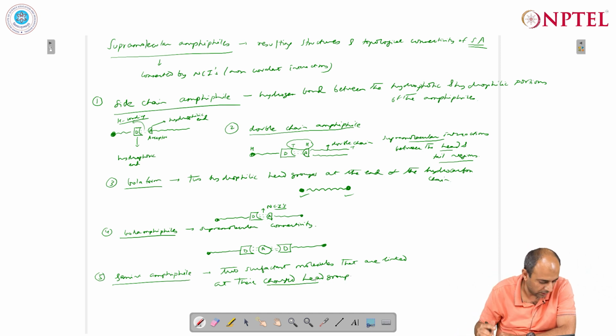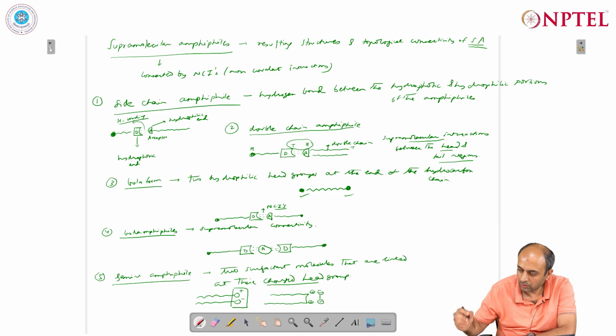So, the head is actually charged, and the surfactant molecules, they are linked at the charged head group. So, for example, let us take this particular amphiphile. This is positively charged, this is negatively charged. So, there exist electrostatic interactions between these two surfactant molecules at the charged head groups. They are referred to as Gemini amphiphiles. We can have another arrangement where we can have the positive charge and then there is a negative charge which kind of insulates the positive charges, and this gives rise to a Gemini amphiphile.